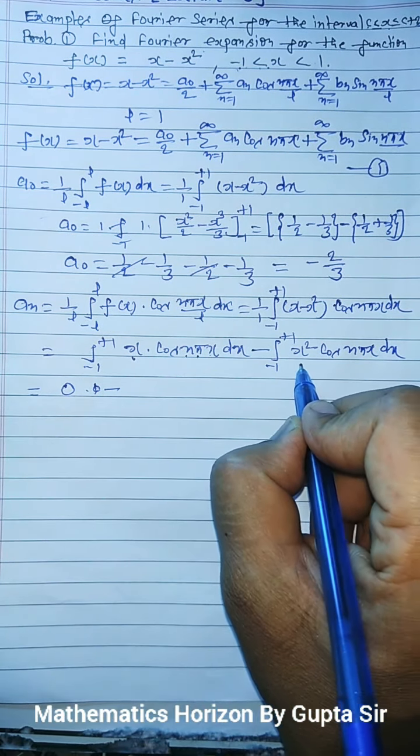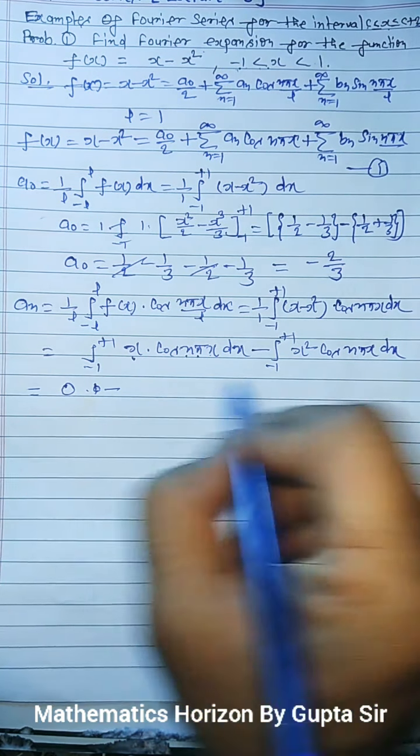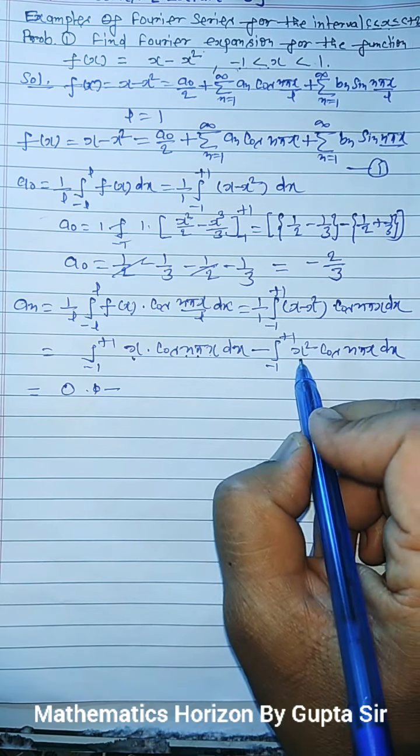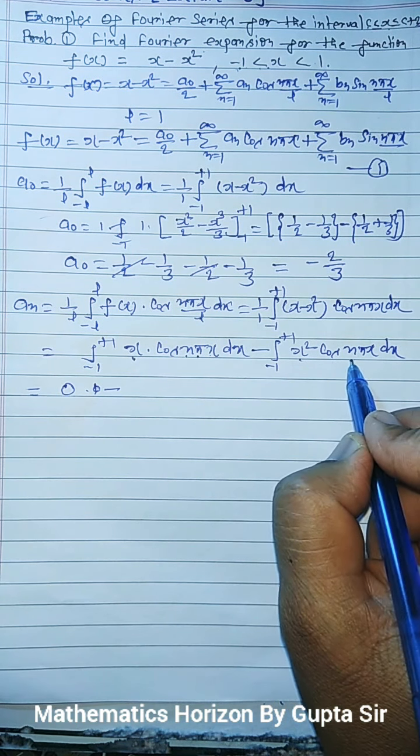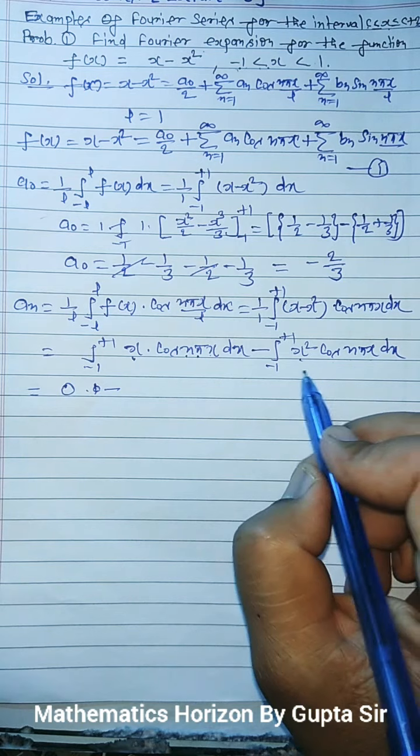Now we have to integrate this. In this second integration, x square is an even function, and cos n pi x is also an even function.